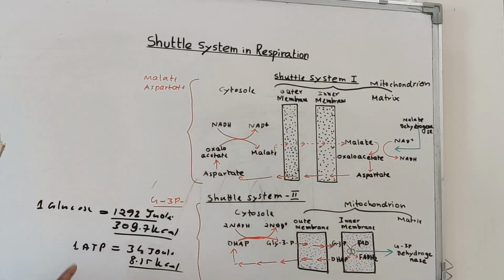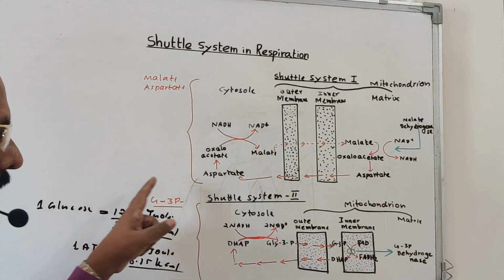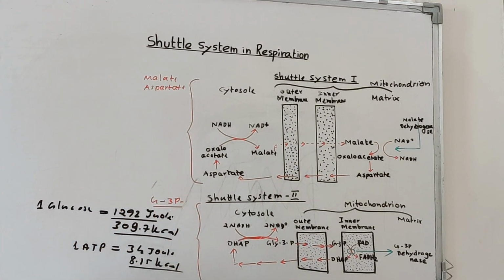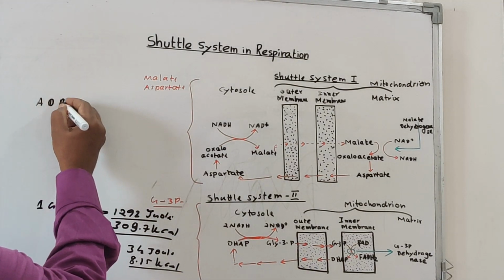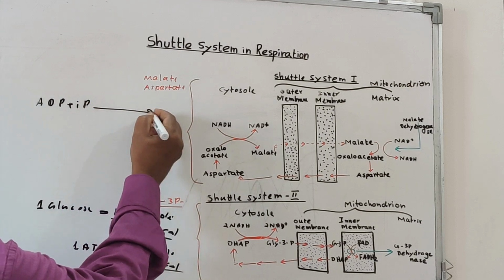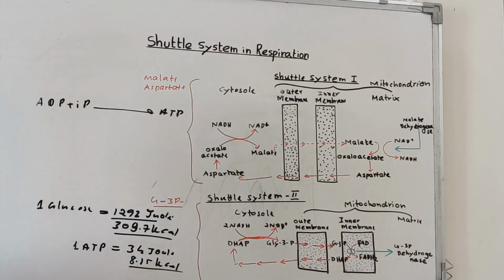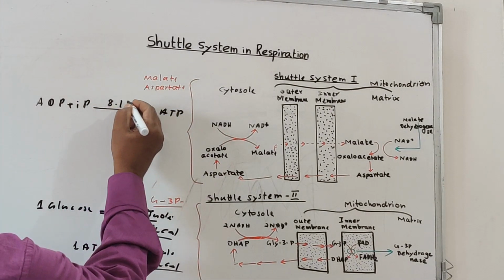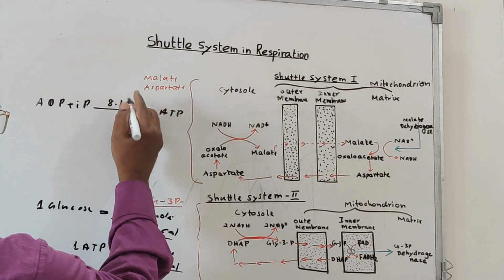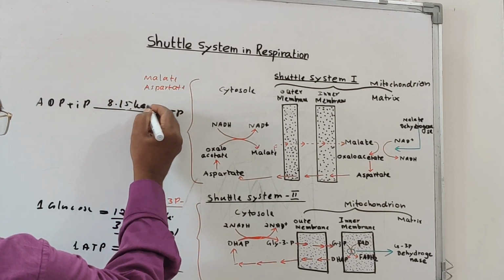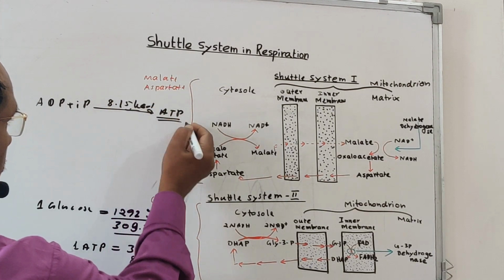So let us calculate the energy efficiency of photosynthesis. ADP plus inorganic phosphate is converted, producing ATP, and here 8.15 kilocalorie energy is saved in this ATP molecule.